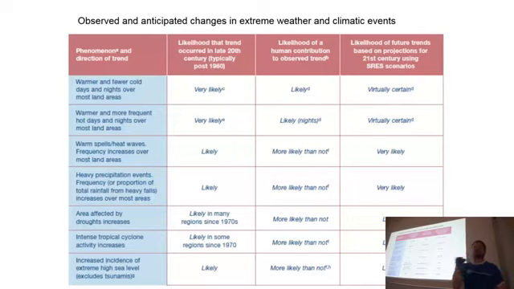So if you run a bunch of climate models and exclude anthropogenic CO2, do the climate models reproduce these local effects? And then the last column is, in the future, will this carry on happening? And you can see for almost all of these things, so heavy precipitation events, droughts, increased hurricanes and cyclones, these are all likely or virtually certain to happen in the future.